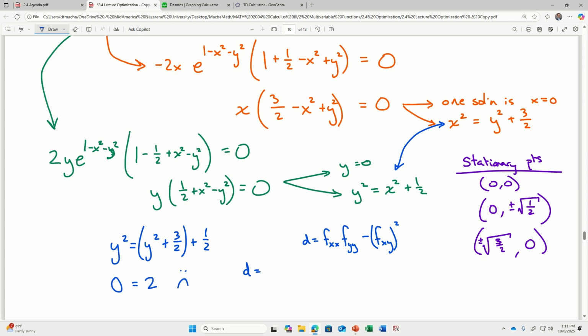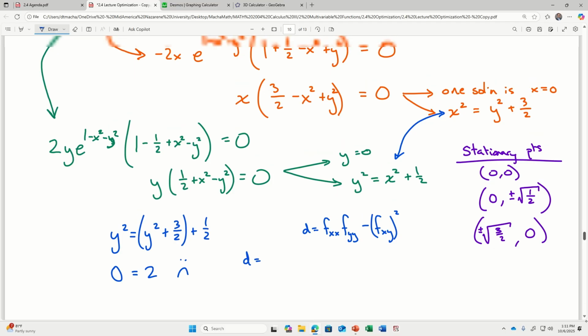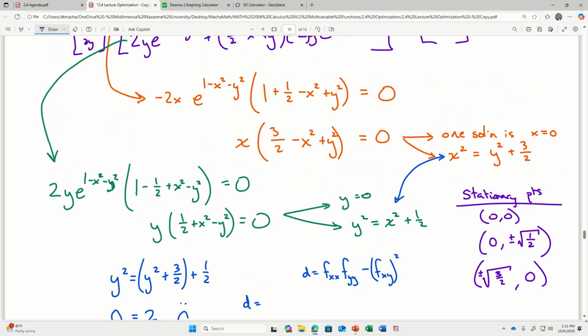That's going to kind of suck. Yeah, that's going to kind of suck a lot. Because either way, you're talking about a triple product rule.